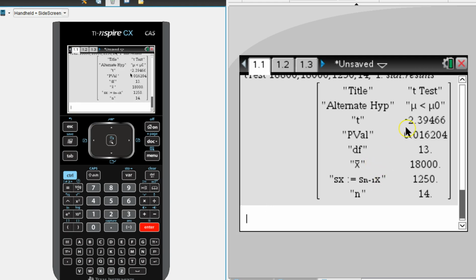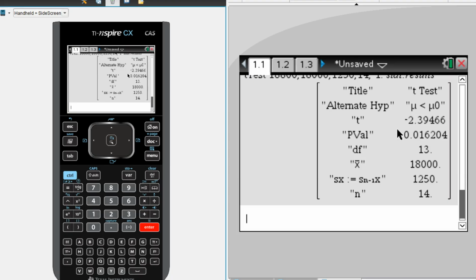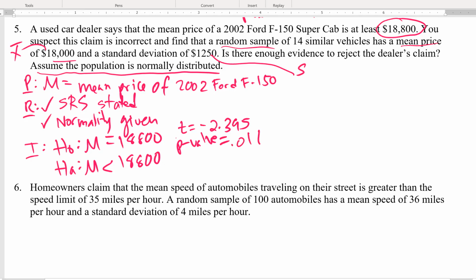What do we need to write down? T, negative 2.395. P-value 0.016. Alpha was not given, so I'll use 0.05. Degrees of freedom, 14 vehicles minus 1, 13.